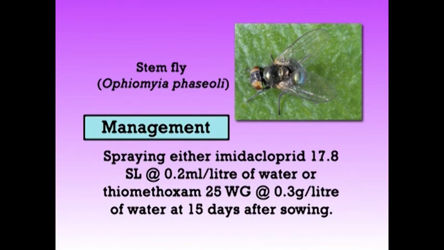Another management option is spraying either with imidacloprid 17.8 SL at the rate of 0.2 ml per liter of water or thiamethoxam 25 WG at the rate of 0.3 gram per liter of water at 15 days after sowing.